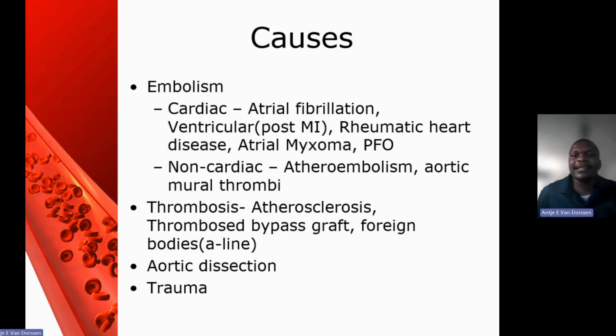Patients get an A line or a central line, and from there develop acute limb ischemia. And of course, aortic dissection and trauma. We see a lot with orthopedic patients who come in with a dislocated knee, and then they end up with intimal injuries to the vessel. And that will eventually lead to your acute limb ischemia.